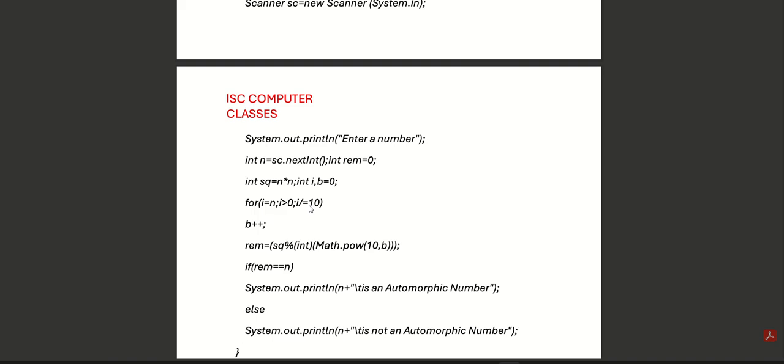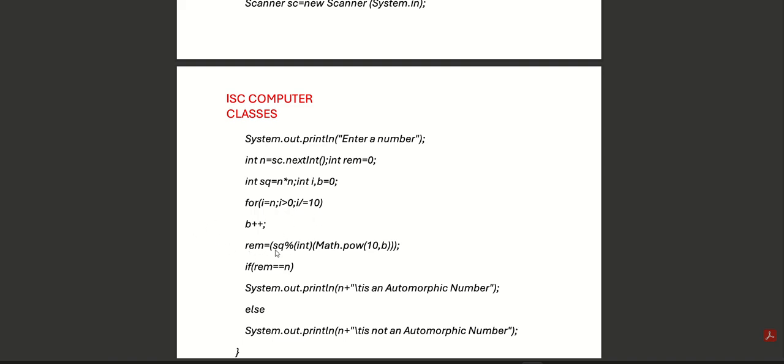In 25, if we divide by 10, it gives the quotient 2, which is greater than 0. So in the second iteration the value of b increments by 1 again, which is 2. After that i is equal to i divided by 10, meaning 2 divided by 10 gives 0, and the iteration is over.